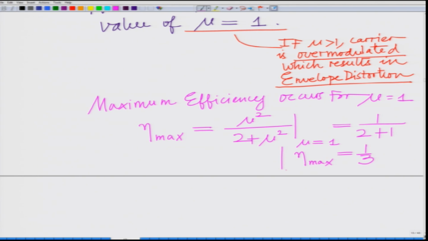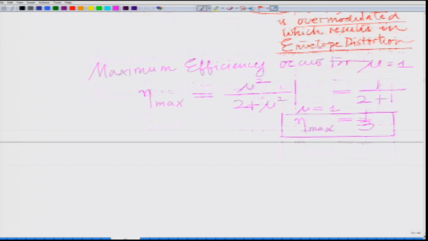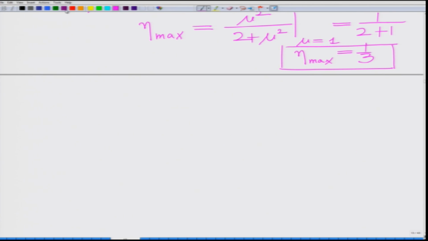All right. So, this is eta max, the maximum efficiency of AM with envelope detection.